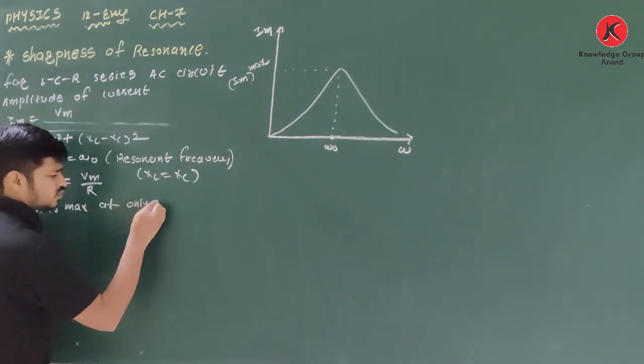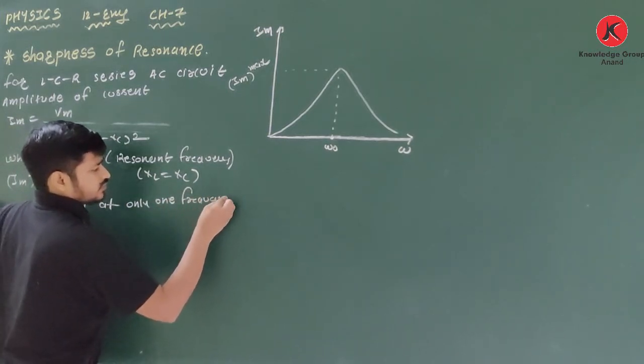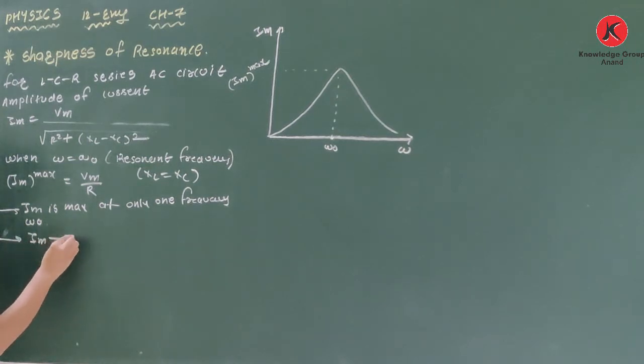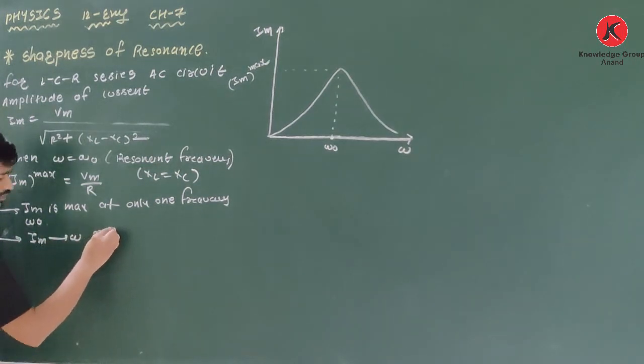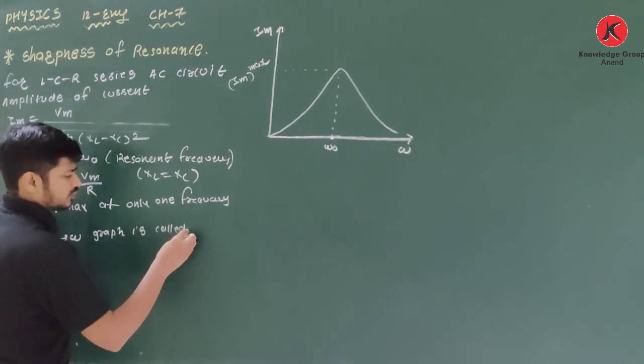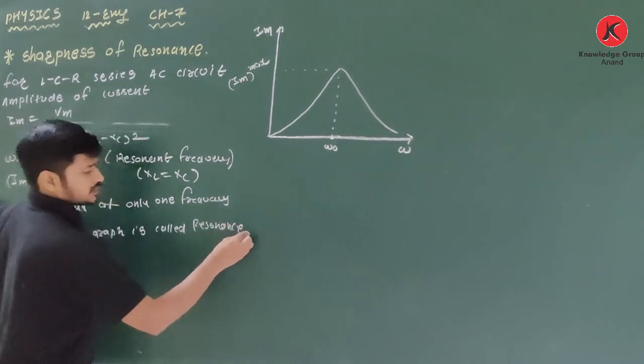This graph of Im versus omega is called the resonance curve.